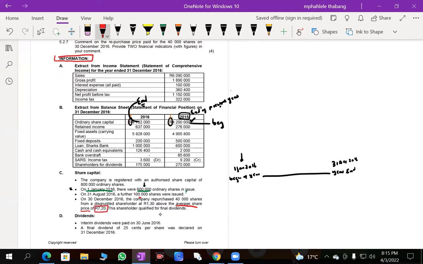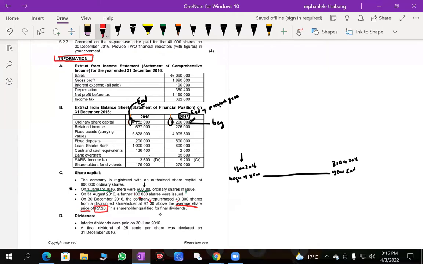So I will talk about this 130, but for now they are saying that on 30 December 2016 the company repurchased. We bought back how many shares? We bought back 40,000 shares from this shareholder, at 130 above the average share price.